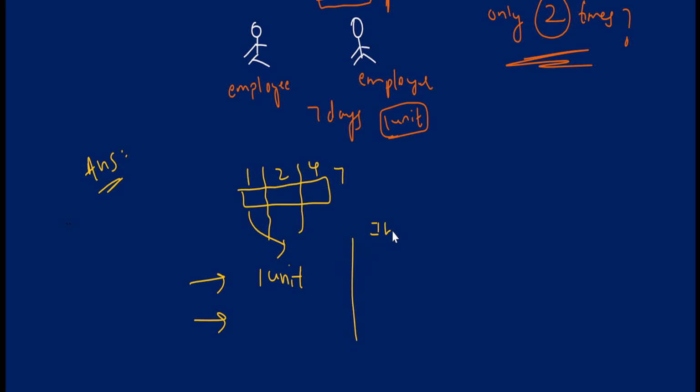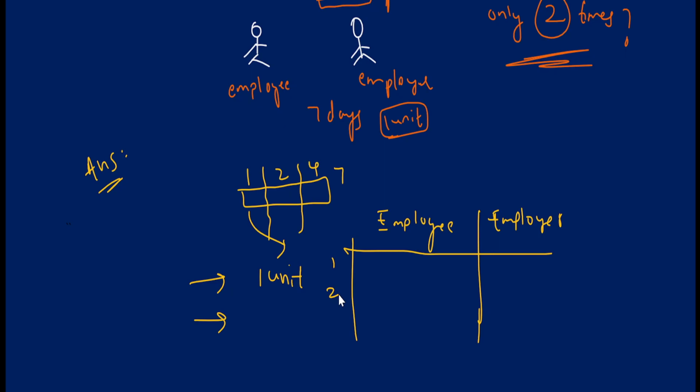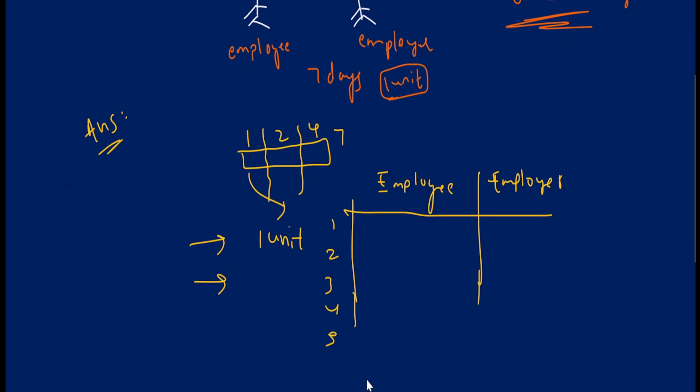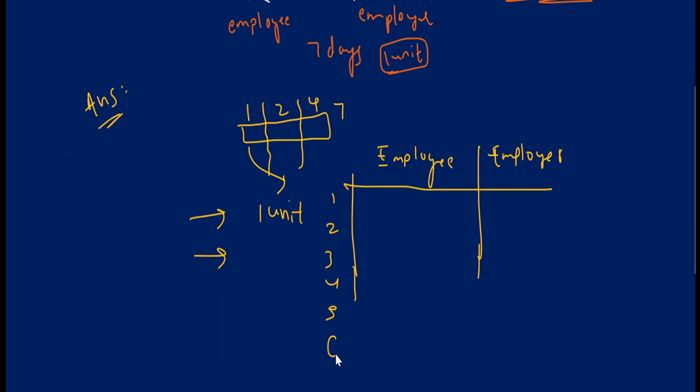What the employee has, and what the employer has, and the days are 1, 2, 3, 4, 5, 6, and 7.